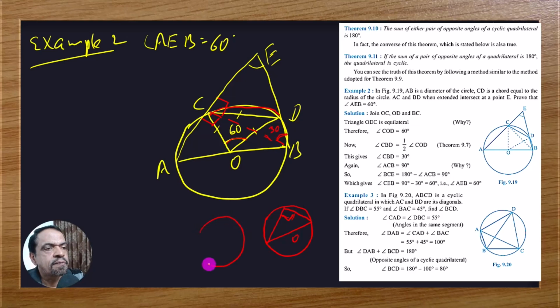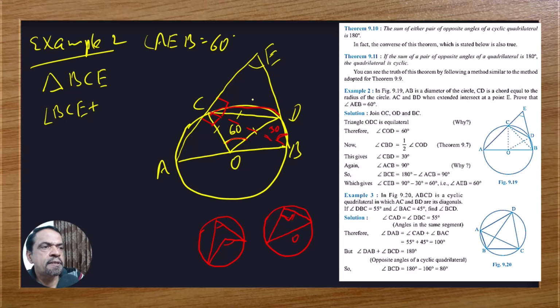The angle at the center is twice the angle in the remaining part. It may be here or there, but they should face the same arc. They are facing the same arc. So this is 60, so this will be 30 degrees. Now in triangle BCE, this angle BCE is 90 degrees, angle CBE is 30 degrees, plus angle CEB is equal to 180 by the angle sum property.